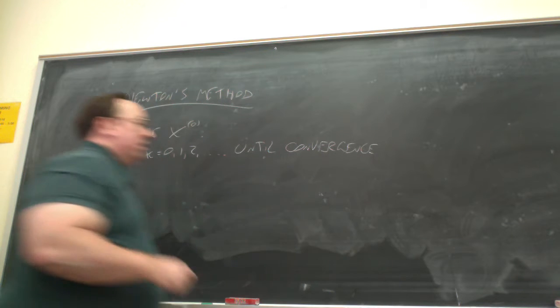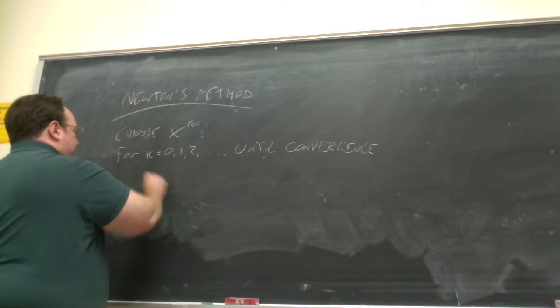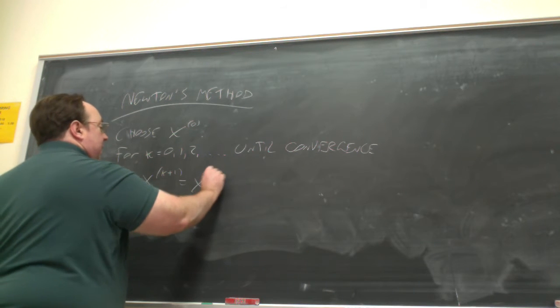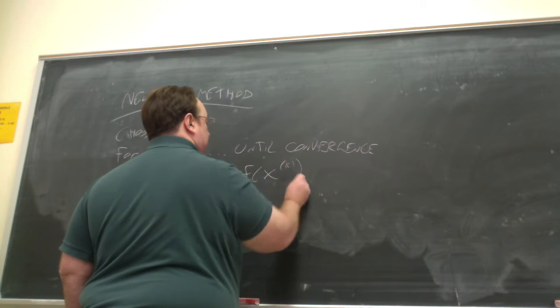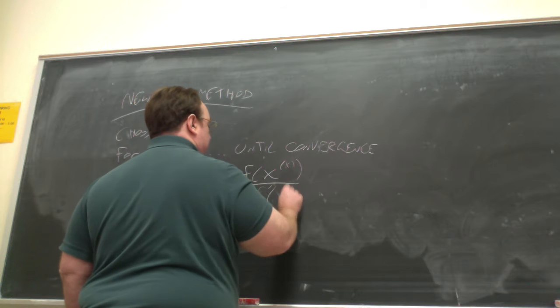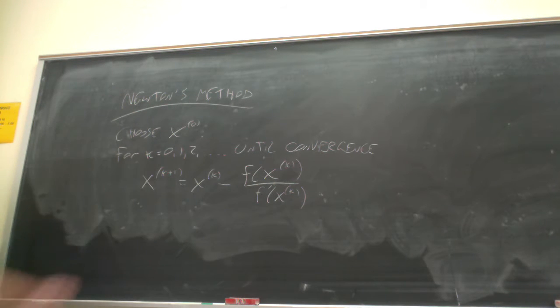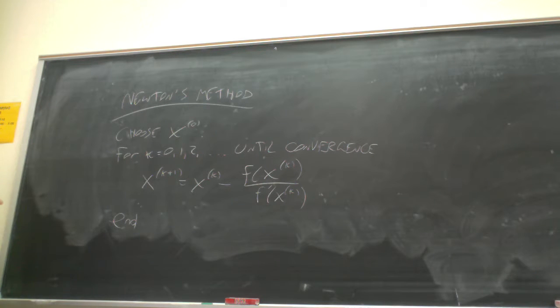For instance, if the successive iterates are close enough to one another, and it's just this step: xk plus 1 is equal to xk minus f of xk over f prime at xk. All right, and that's it. There will be some extra code in here if you're doing this in MATLAB to carry out a check for convergence, but otherwise, this is it.